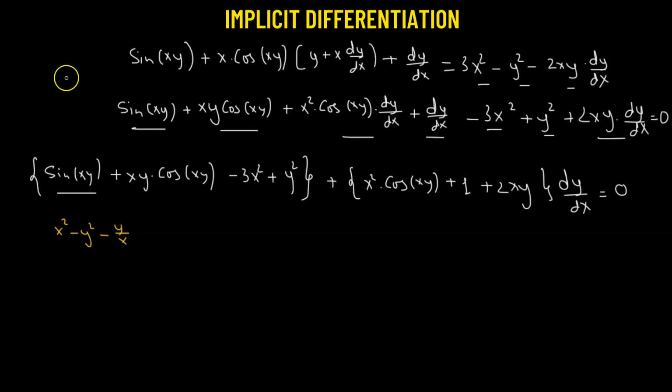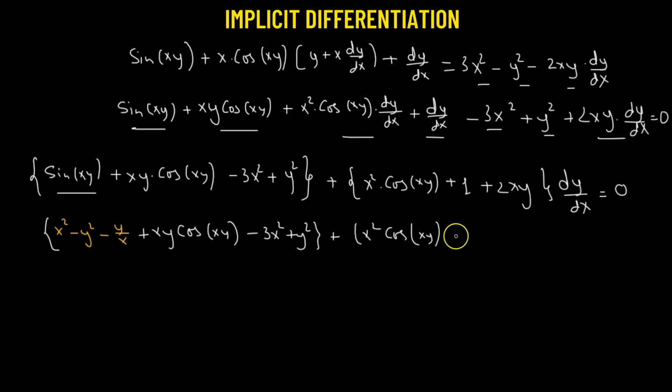So we've replaced it in place of sine of xy, plus xy times cosine of xy minus 3x squared plus y squared, plus we have x squared cosine of xy plus 1 plus 2xy multiplied to derivative of y with respect to x equals 0.